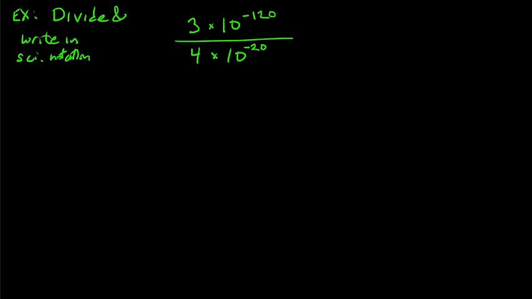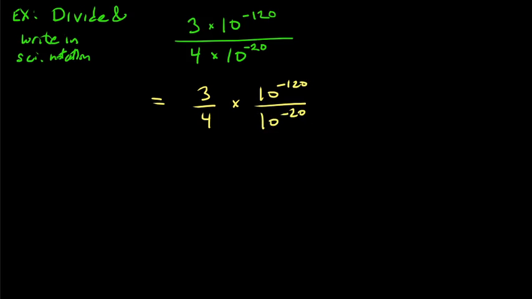Okay, so here we're dividing, right? 3 times 10 to the negative 120 divided by 4 times 10 to the negative 20. Okay, so this one's not going to be quite as simple. So we can still split up, right? The 3 over 4 times 10 to the negative 120 divided by 10 to the negative 20.